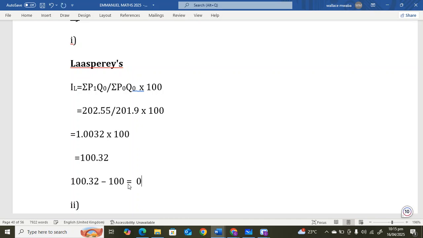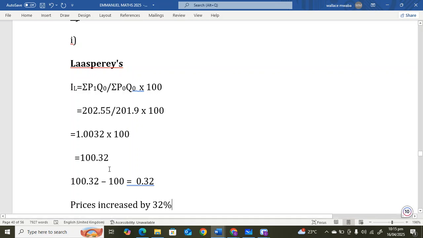So it means prices increased by 0.32%. That's where you hear the inflation level in Zambia is this percent. So that's what this 100.32 is telling us: prices have increased by 0.32%.